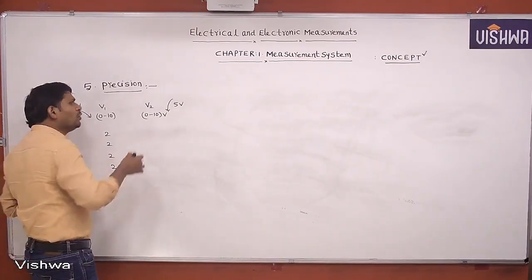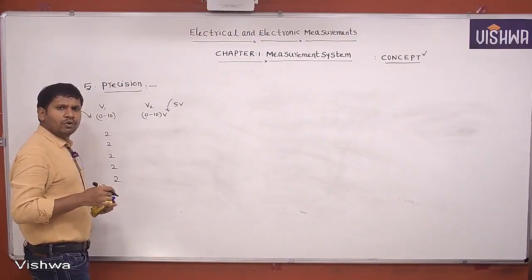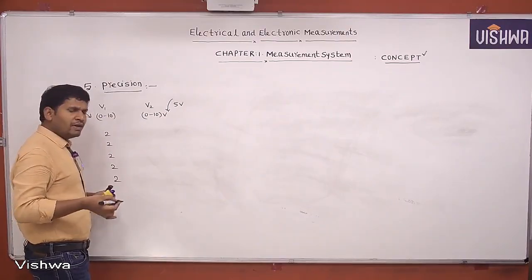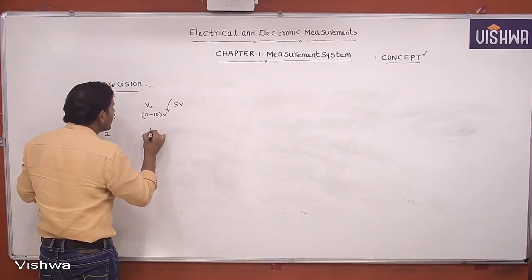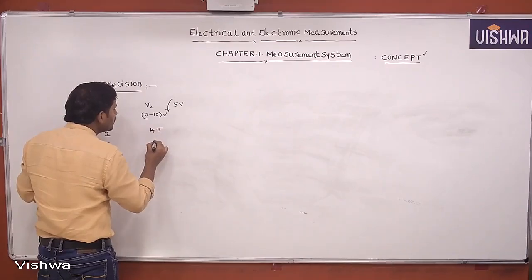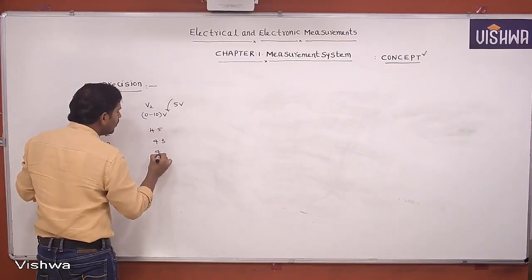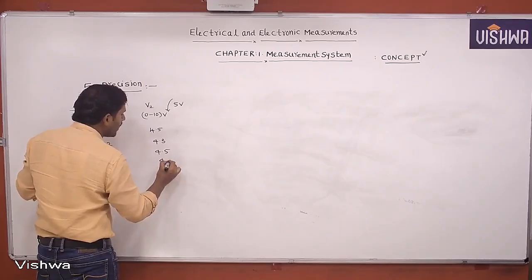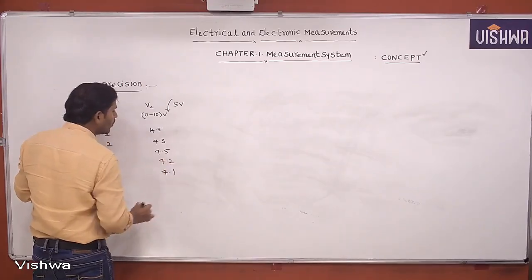Then for the V2 voltmeter I am giving 5 volts input, 5 times. 5 times I am getting the readings like this: 4.5 volts, 4.3 volts, 4.5 volts, 4.2 volts, 4.1 volts.